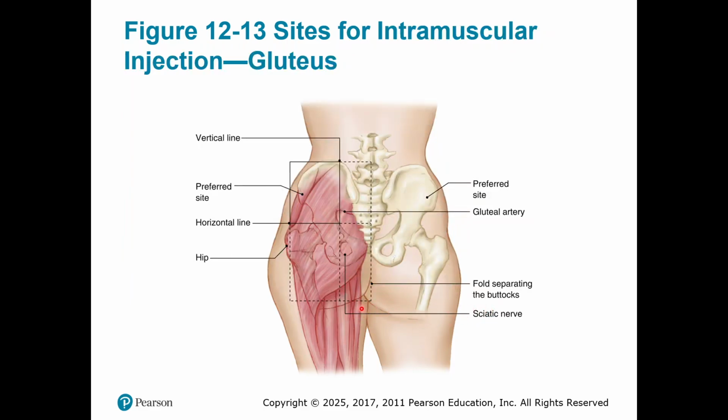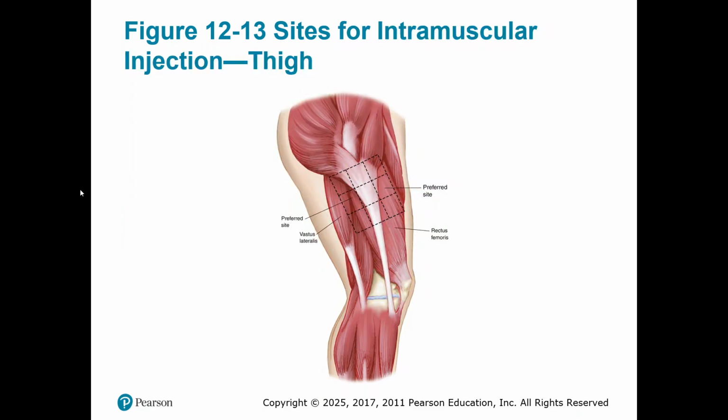You kind of want to stay away from that. And for your intramuscular injection in the thigh, here's your preferred site right here. So definitely more lateral. I'm sorry, more medial.